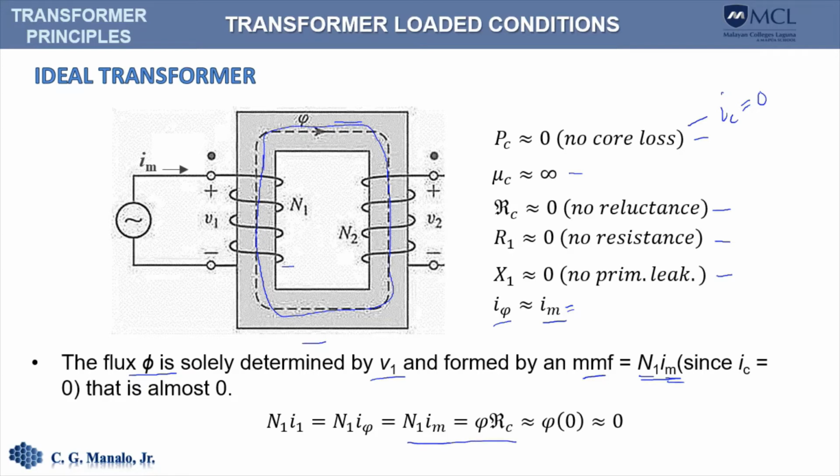That is, the MMF will be equal to the product of the magnetic flux times the reluctance of the magnetic circuit. Now, since the reluctance is zero, because we're talking about ideal transformers, to form the flux inside the core, the needed MMF is almost negligible.